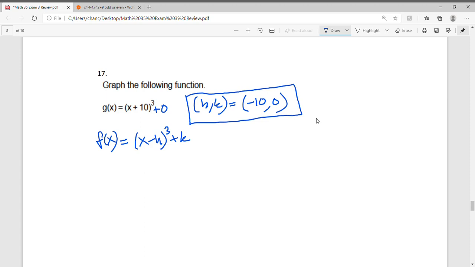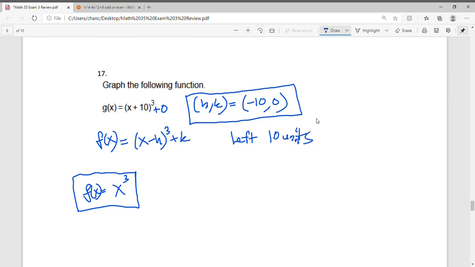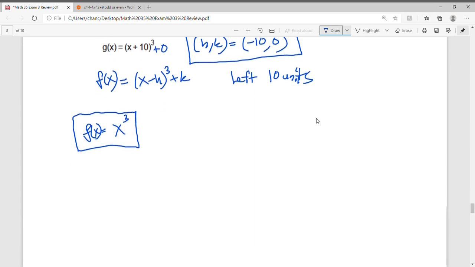This is basically the same as our cubic function. Our parent graph f of x equals x cubed is the general graph that we want to copy, but we're just going to shift it to the left 10 units.